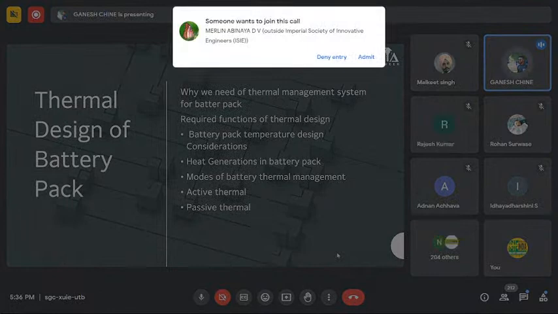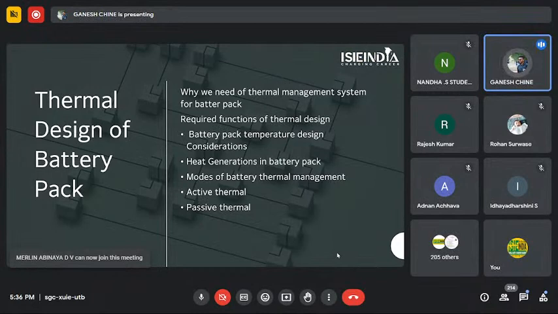Then heat generation in the battery pack. Which parameters are responsible for the heat generation in the battery pack? We can calculate it from the Joule heating model.